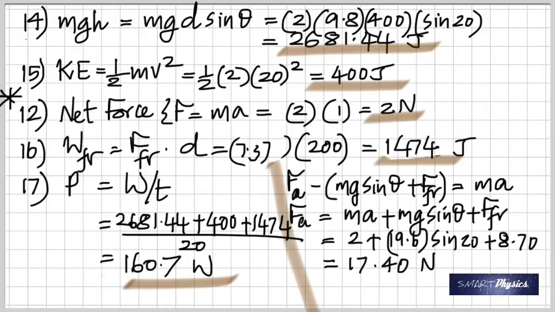How do you find power? Power is work over time. But didn't you do 3 types of work? And I know you should not be copying without understanding. Look at this. At the bottom of the inclined plane, what was the potential energy? 0. What was the kinetic energy? 0.